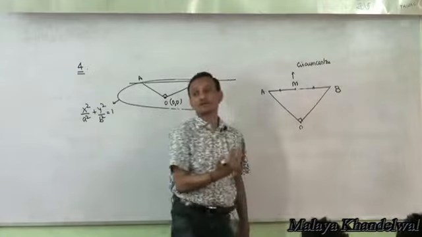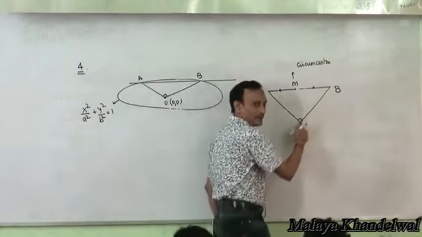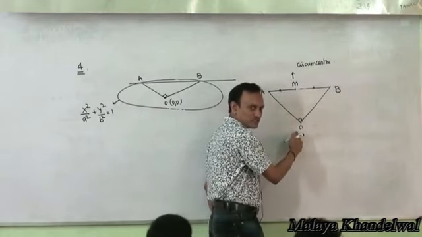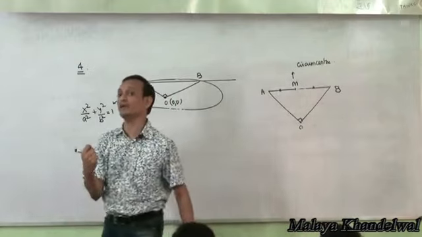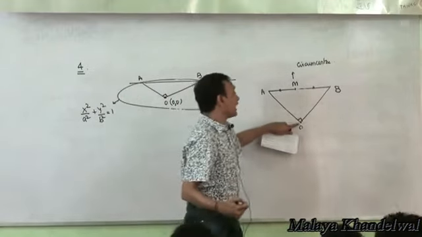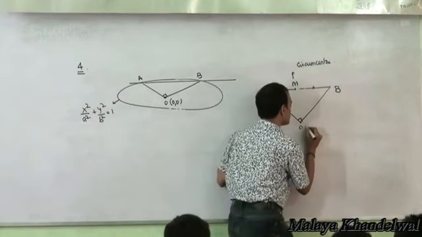O will be the orthocenter. Intersection of two perpendiculars from opposite vertices will be the orthocenter of the triangle. The orthocenter of a right angle triangle will be the right angle vertex, right? So this is the orthocenter.